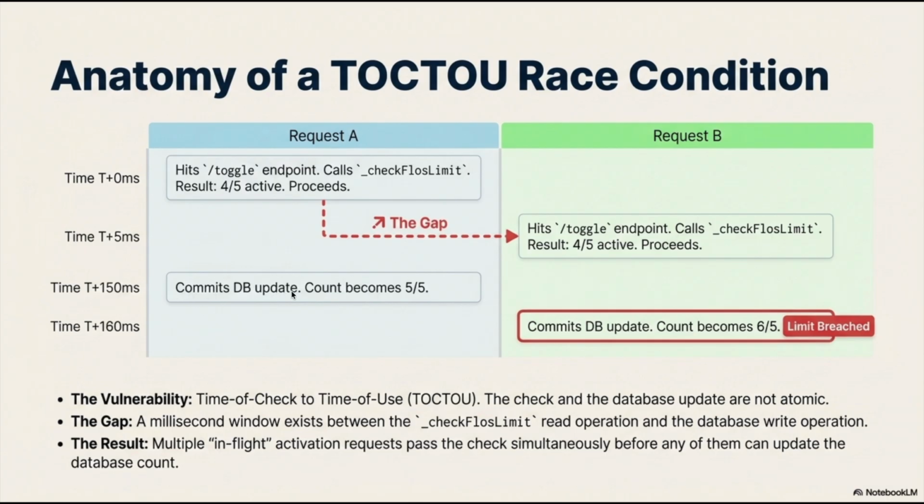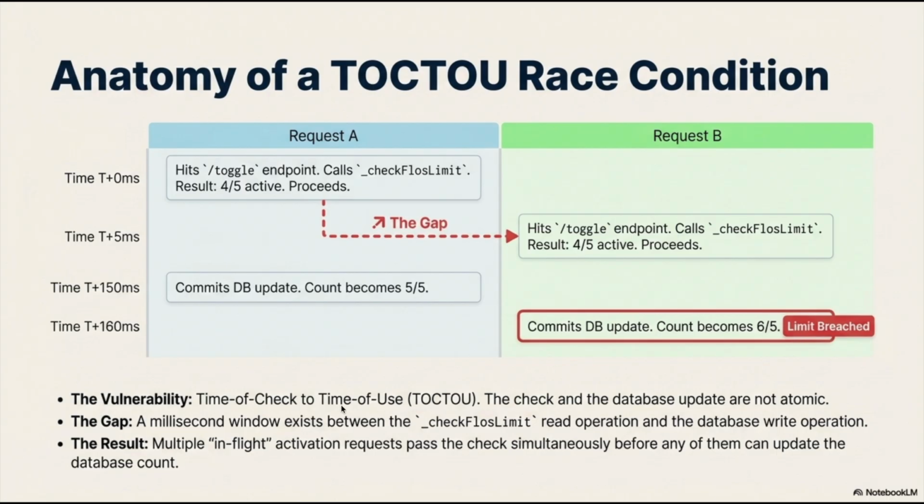Then you commit a DB update and the count becomes 5 out of 5. But during this gap, another request came and also checked, and it also found 4 out of 5 because of the timing. Then it also proceeded and committed a DB update and the count becomes 6 out of 5. The limit has been breached.